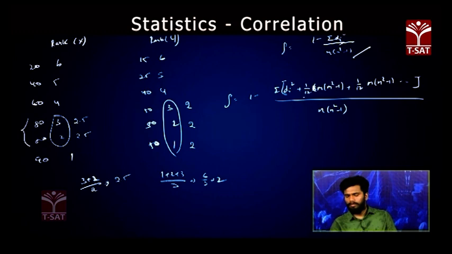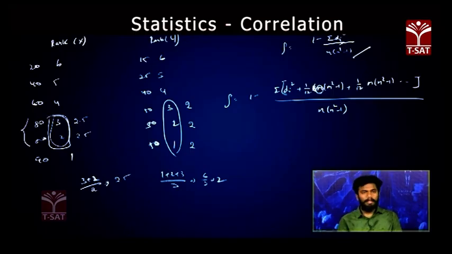Now what is this 1 by 12 into m into m square minus 1, and so on? See, this m is nothing but the number of times a rank is repeating.